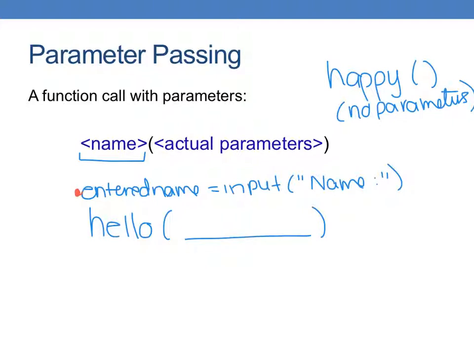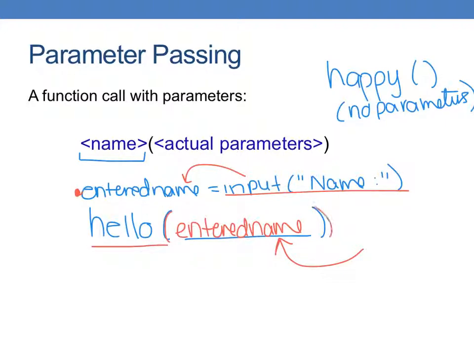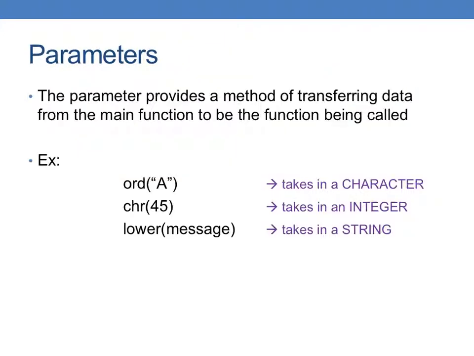So if we want that value that's been saved here to be sent in, we're going to call the hello program, and then we're going to write the word entered name, because that is holding the name of the person that I want to print to the screen. And in order to do its job, the hello function needs to have a string variable with the name I want to say hello to. So whenever we call it, you're going to see the function name, the parentheses, and then the parameters listed inside.